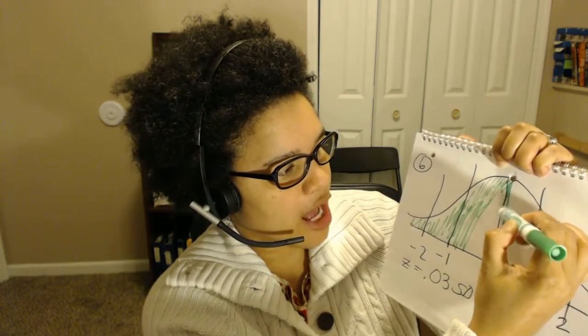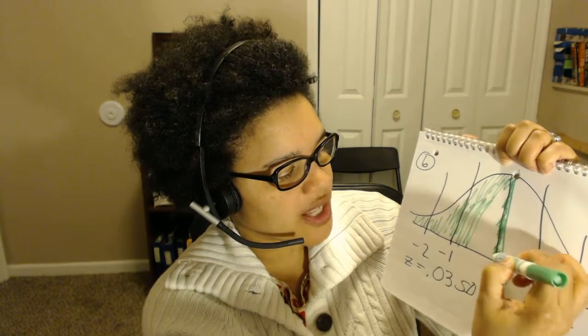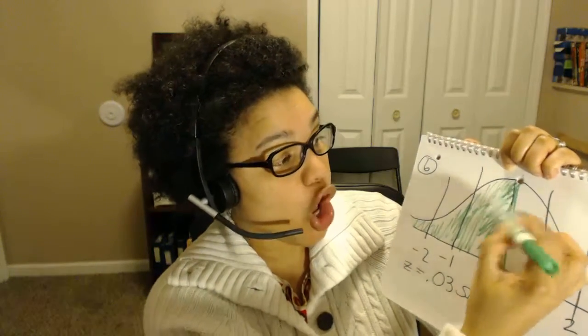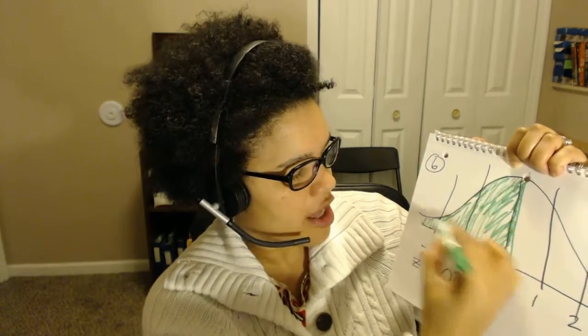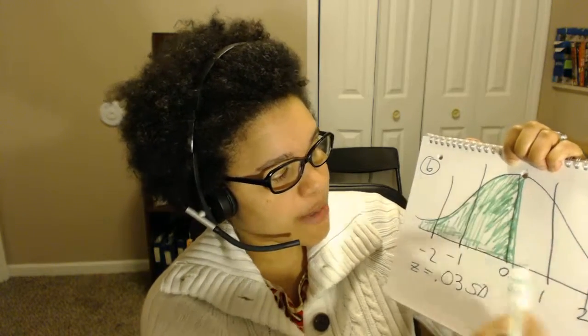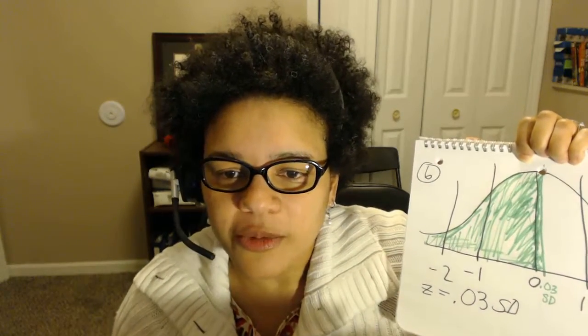So what percentage of people are they taller than, if the person has a z-score of 0.03 standard deviations? Okay, so how many people are below them, for percentile rank.